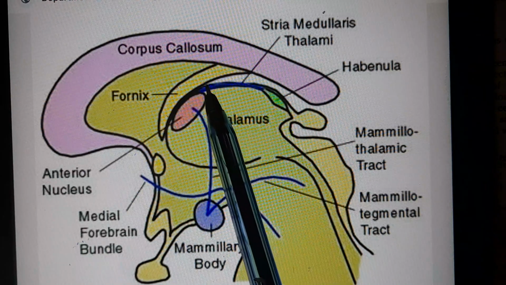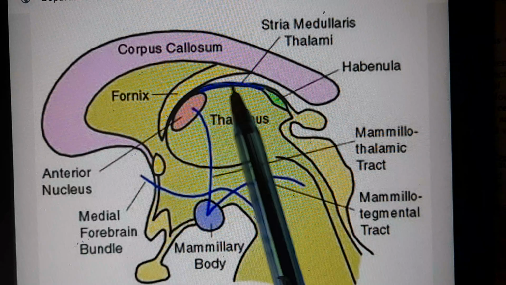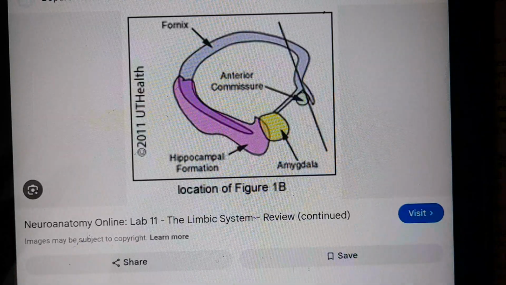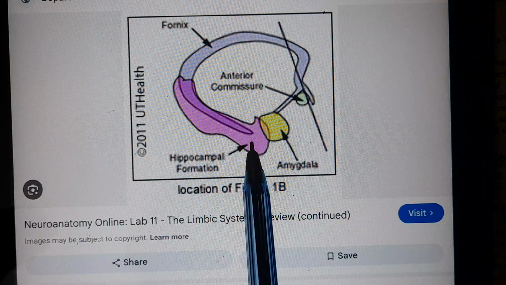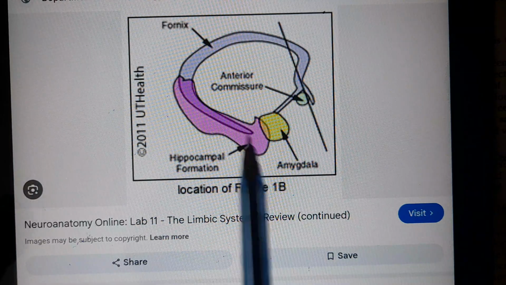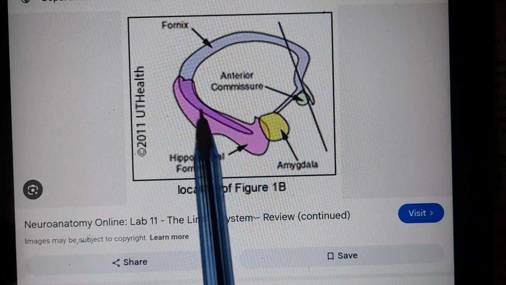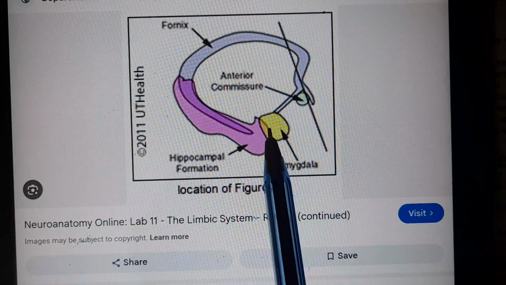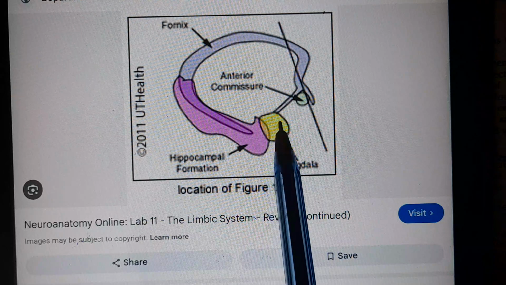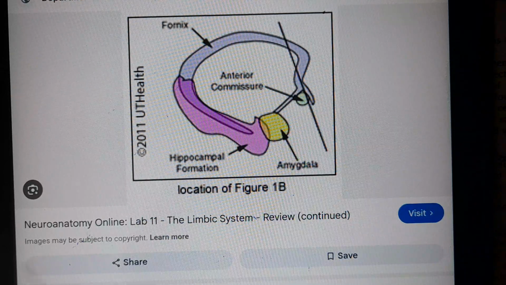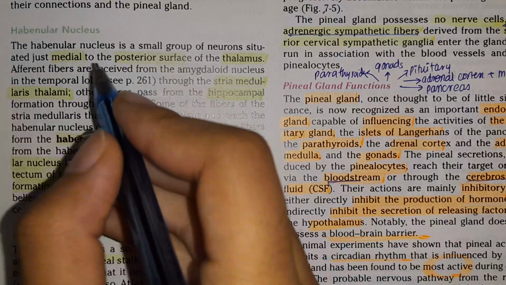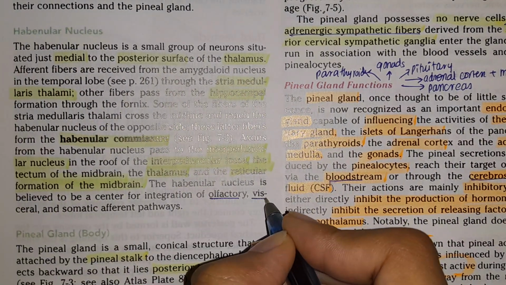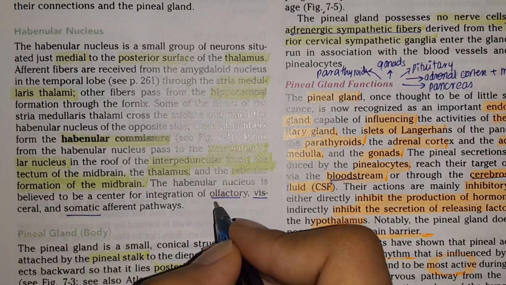So from the hippocampus they travel through the fornix to the habenular nucleus, and from the amygdala the fibers travel through the stria medullaris thalami. Now, about the habenular nucleus: it is an integration center for olfactory, visual, and somatic afferent pathways.